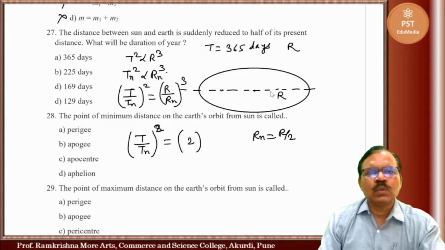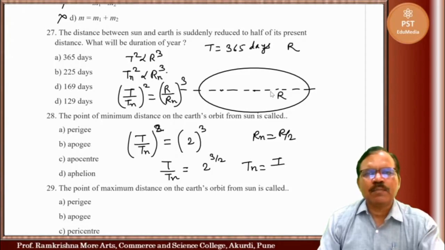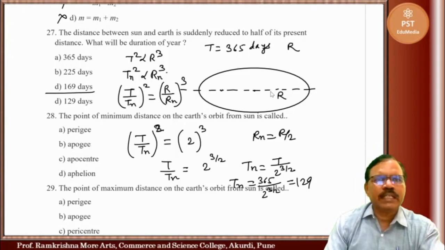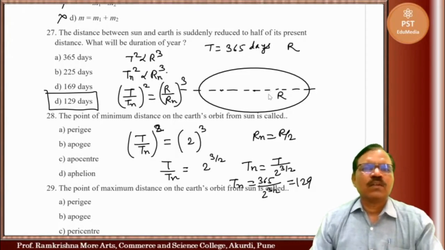So it is 2 cube. So T upon Tn will be equal to 2 raised to 3 by 2. So Tn will be T upon 2 raised to 3 by 2. So Tn is equal to 365 upon 2 raised to 3 by 2. If you calculate this, you will get 129. So it is 129 days.